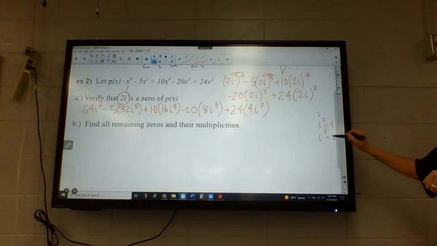So I get 6x squared. Multiply that back. All right, so there's our remainder of 0.